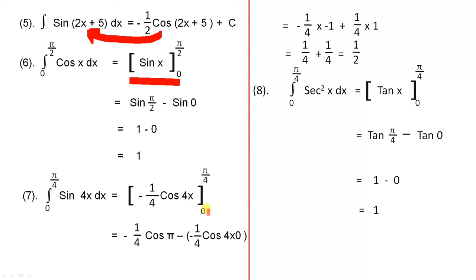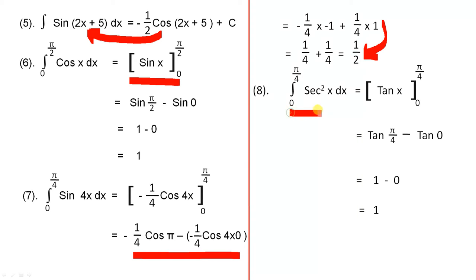Here are the limits. When you substitute them in, you get that line there. Now we know that cos of pi is negative 1, and we know that the cos of 0 is 1. So when you simplify from that line to that line, you get a quarter plus a quarter, which is a half.